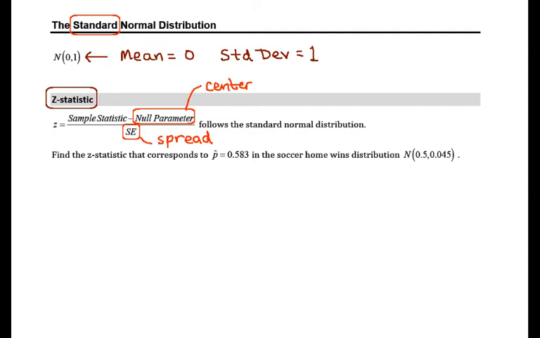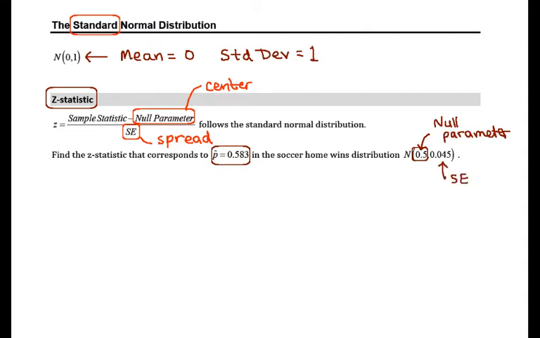So we're going to see how this works by finding the z-statistic associated with the sample statistic p hat equals 0.583 in the soccer home wins distribution, which was N(0.5, 0.045), where that 0.5 was our null parameter and that 0.045 was our standard error.